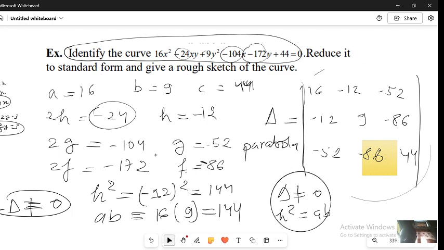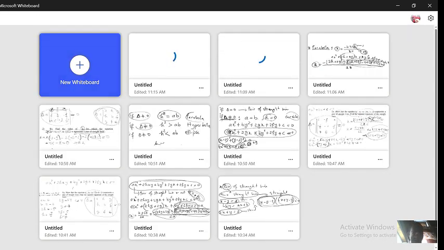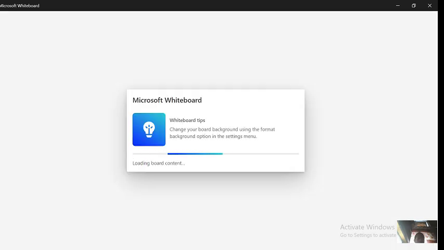Now I'm going to reduce it to standard form. How to reduce it to standard form? My example was this one.